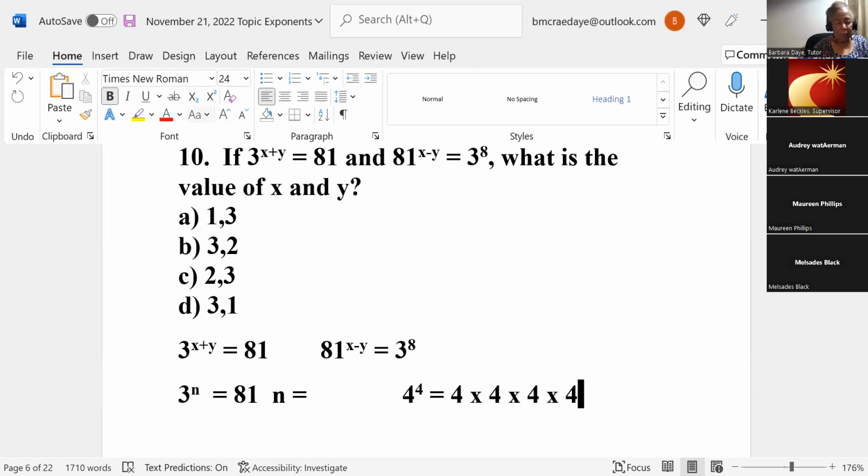So what I was asking you: 3 to the n power means 3 multiplied by itself some number of times. And if that number is 81, n can only be 4, because 3 times itself 4 times gives me 81, right? Oh, I see.